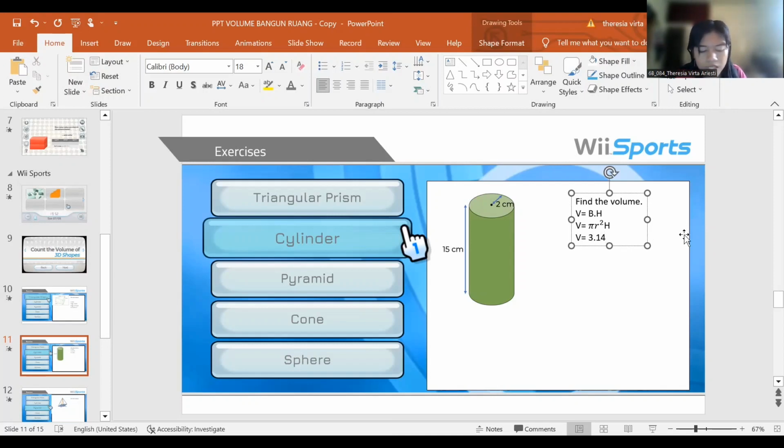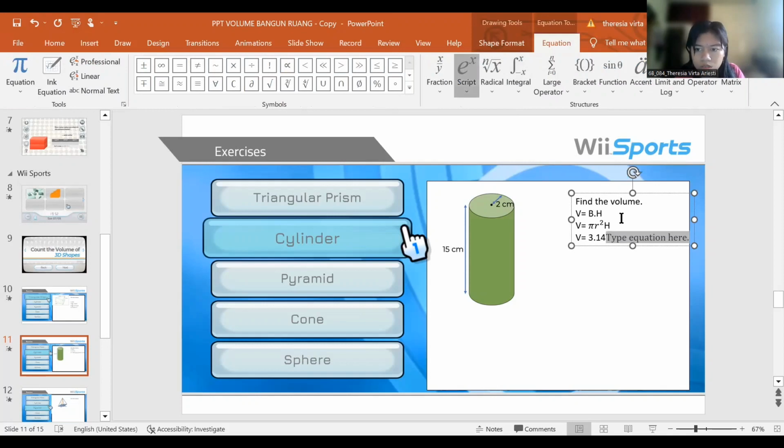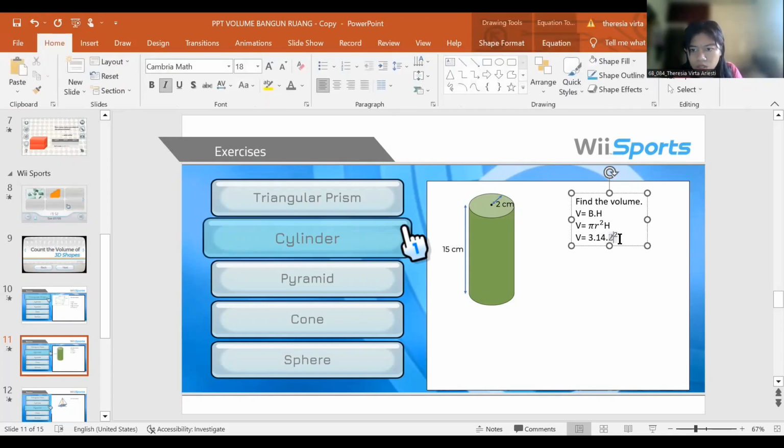Okay. And then the radius is 2. 2 cross 2, or 2 square. And then cross with the height. The height is 15. Now we're going to count it.